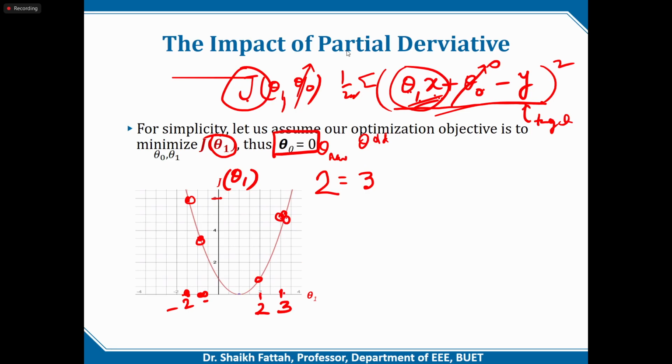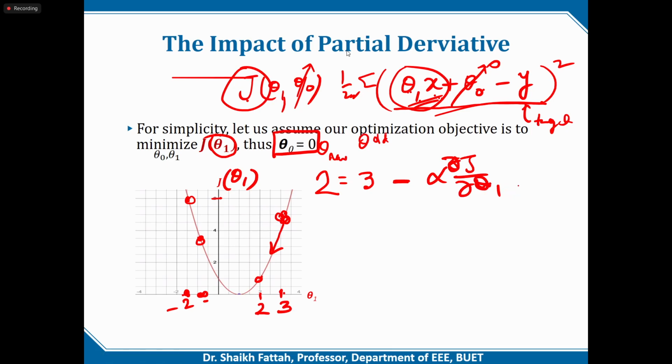Let's see here. If you move to theta equal to 2, then you have to subtract something.